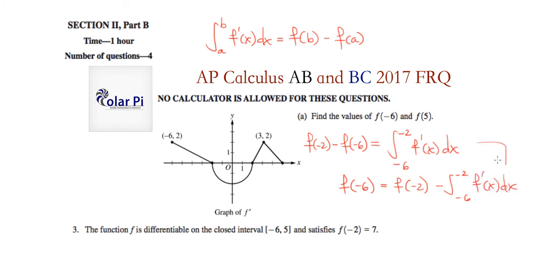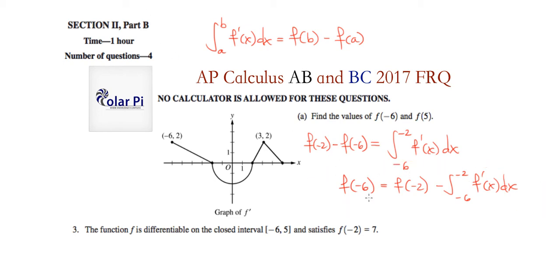To get there, we subtract f of negative 2 from both sides of the equation, and then divide by negative 1 on both sides of the resulting equation.